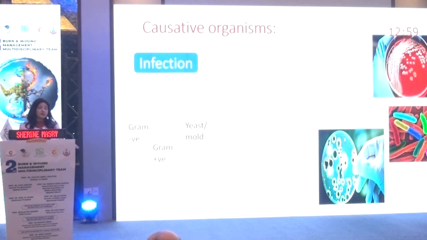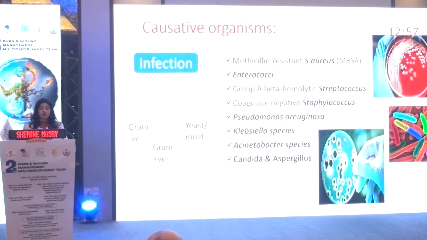The causative organisms vary from the gram-positive, which are the skin colonizers, the Staphylococcus aureus, and the fearful MRSA, the enterococci, and the group A beta hemolytic streptococci. However, the gram-negatives, despite the fact that the gram-positives are the main cause of wound injuries in several patients, in burn patients, because we have to maintain the humidity, here comes the role of the gram-negatives, namely the Pseudomonas, Klebsiella and Acinetobacter baumannii.